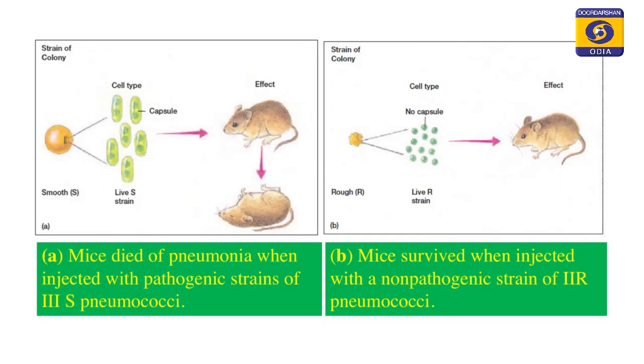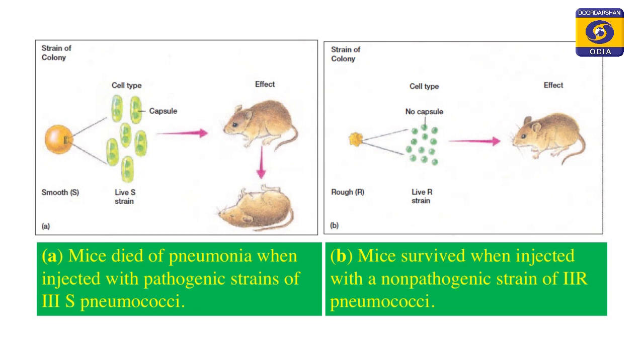Now, what Griffith did, he went on experimenting on this. He first injected type 3S pneumococcus into the mouse, and the mouse succumbed. It got pneumonia and died. But another form was type 2R.